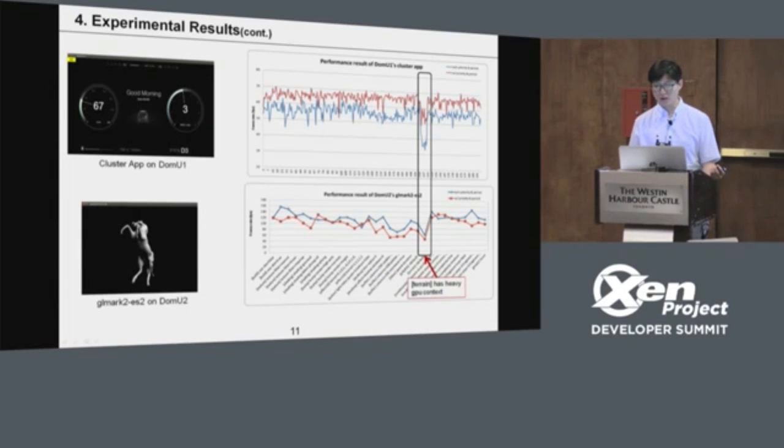The terrain test case of GL-Mark2 uses a heavy GPU context and memory, so a high priority GPU context could not run on time. High priority contexts are delayed until the GPU context of terrain finishes.